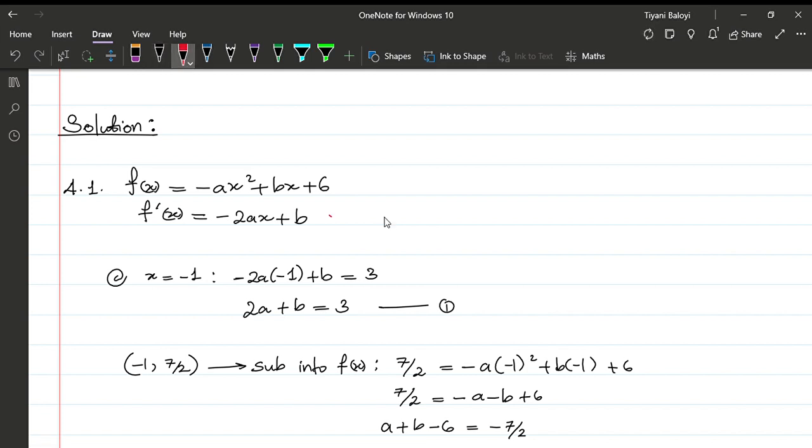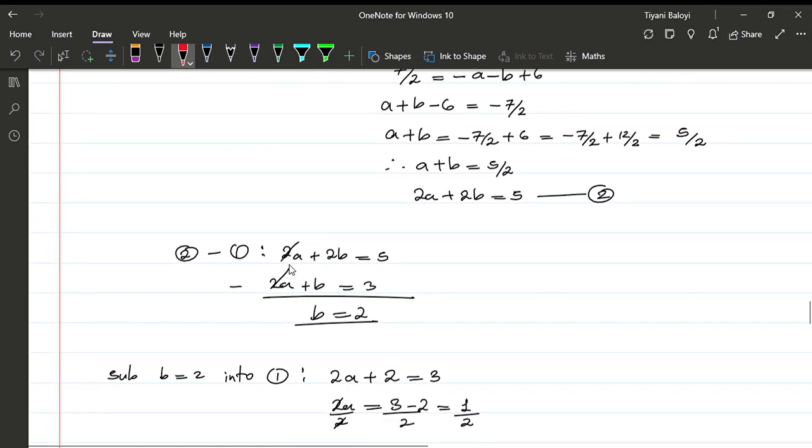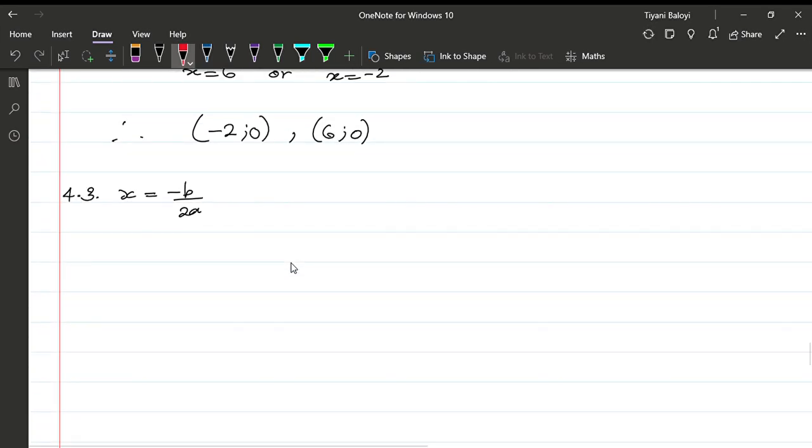The b comes to this side, so you will have minus 2ax equal to minus b, divide by minus 2, and you will have x is equal to b over 2a. And then you have your x value at the turning point where the gradient is equal to 0. So that's where that equation comes from.